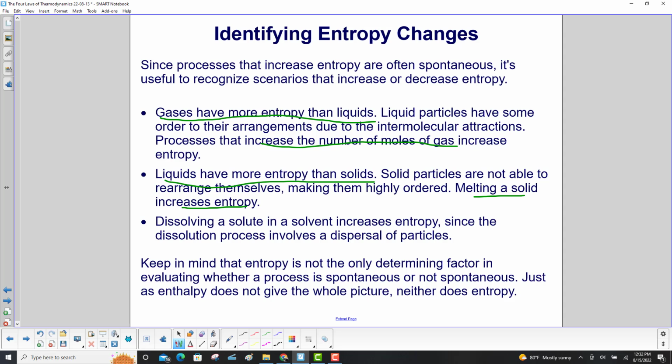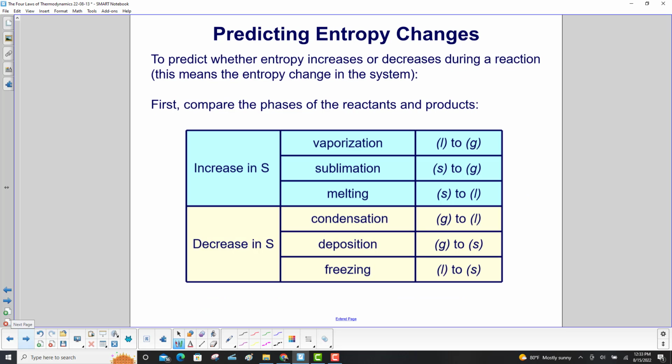Keep in mind that entropy is not the only determining factor in evaluating whether a process is spontaneous or not spontaneous. Just as enthalpy doesn't give the whole picture, neither does entropy. So we're going to have to relate them, won't we? To predict whether entropy increases or decreases during a reaction, in other words, the entropy change in the system is what we're looking for. First, we'll compare the phases of the reactants and the products.